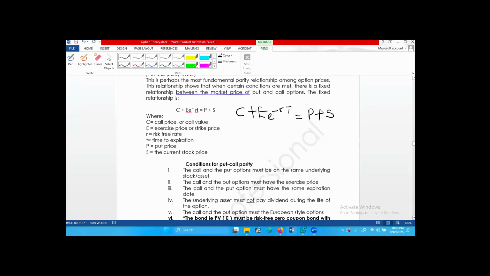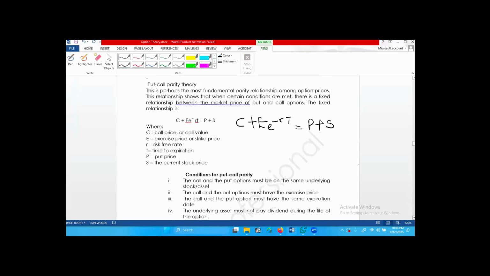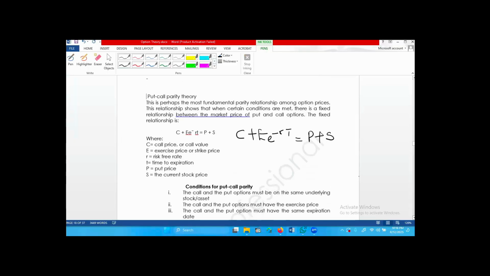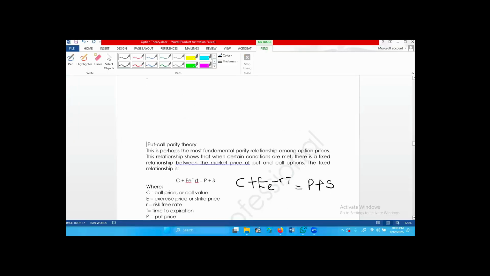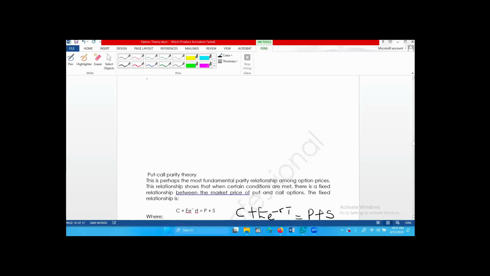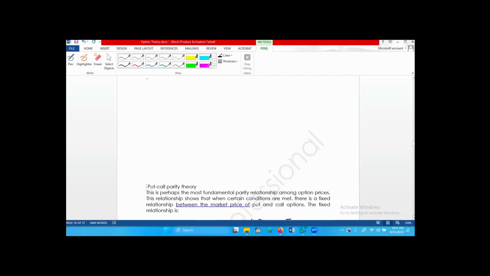One of these models is the Black Scholes option pricing model.